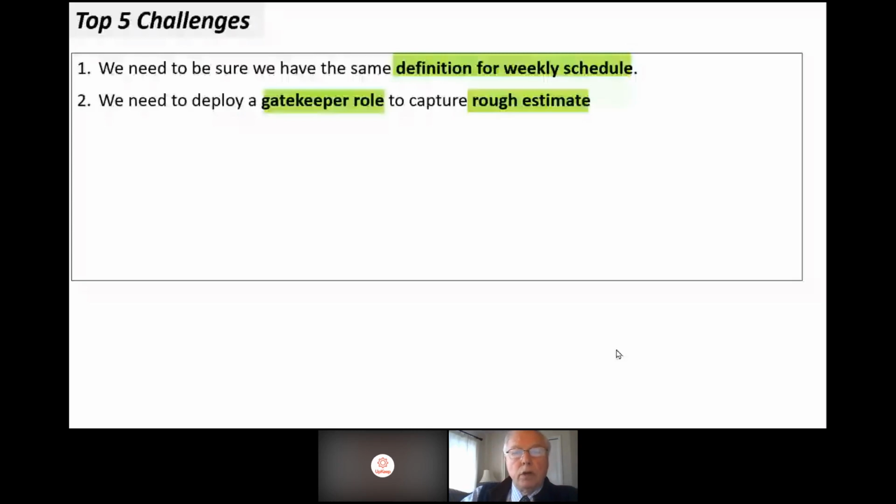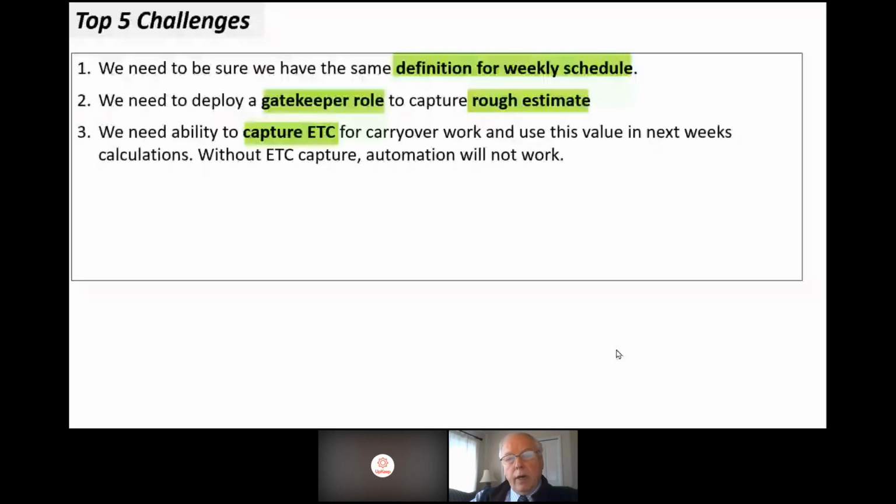And if there's bad data, well, that gatekeeper role is ideal for reviewing that input. We need the ability to capture ETC for carryover work, and that it's on the main record, but it needs to be at the craft level. It just doesn't make sense on the main record.